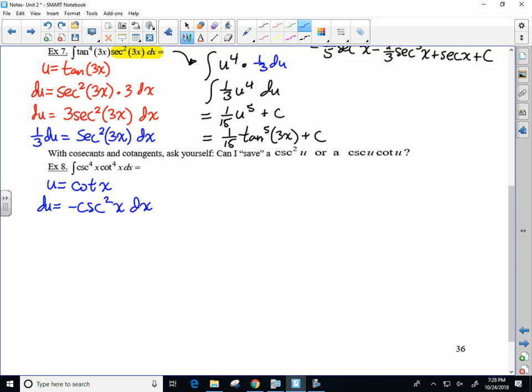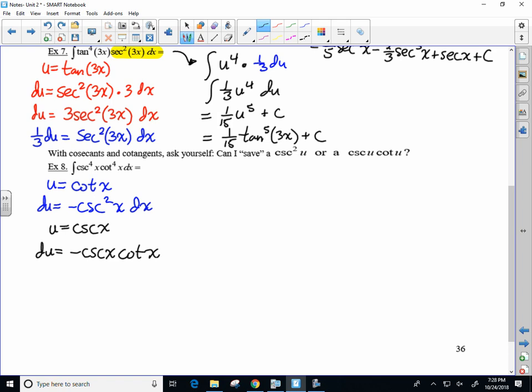All right, so close, but not quite good enough. So let's take another shot. Let's try the u being cosecant. In that case, the du would be negative cosecant x cotangent x.